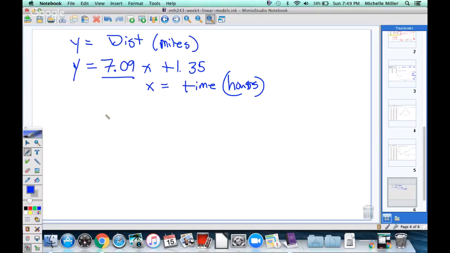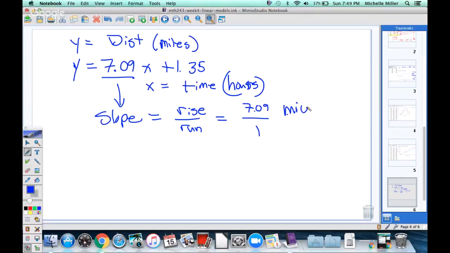Slope, remember, this guy right here, slope is rise over run. So I'm going to say my rise is 7.09 and my run is 1. My rise, that's the vertical variable, right? My vertical variable is y, that's distance, that's miles. And my run, that's my x value, my horizontal variable, that's hours.